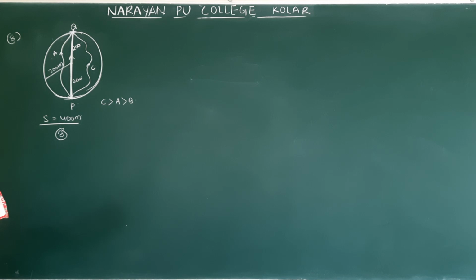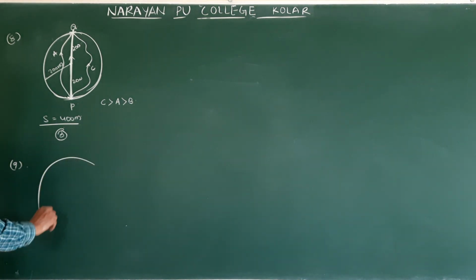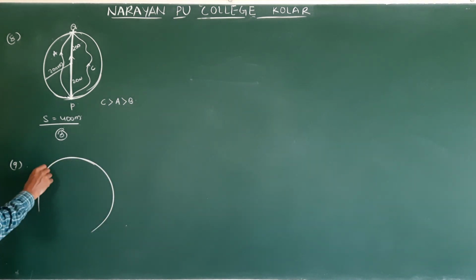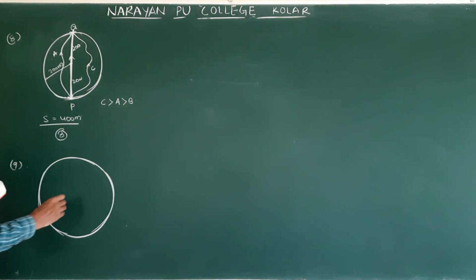If the round trip takes 10 minutes, what is the displacement, average velocity, and average speed over the cycle of the cyclist? 9th question. It is similar to the 8th, but they ask the average velocity and average speed also. This average velocity and average speed you learned in the first chapter. The same definition, the same formula, we follow. The given figure is this one.